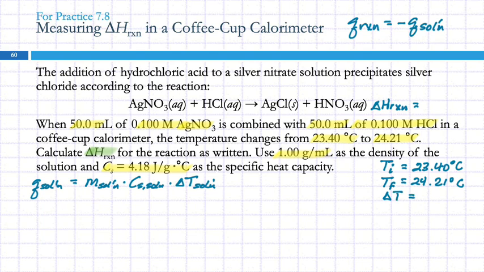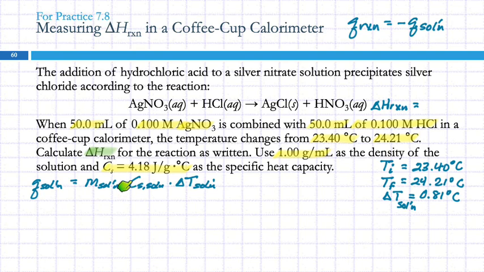And so then delta T will be the final minus the initial, 24.21 minus 23.40, 0.810 degrees Celsius. So that's delta T for the solution.